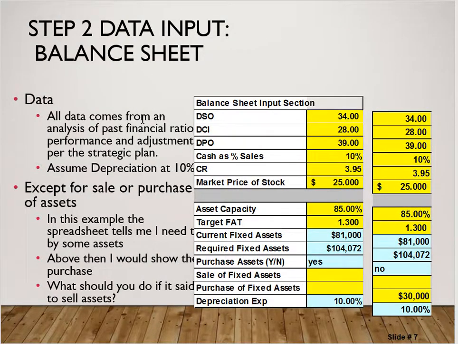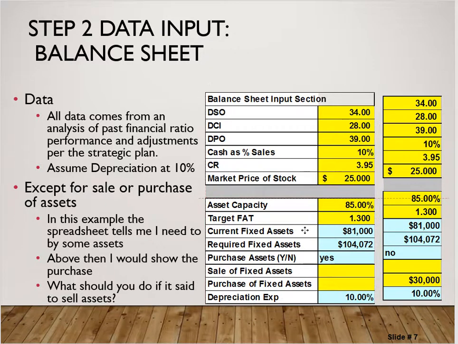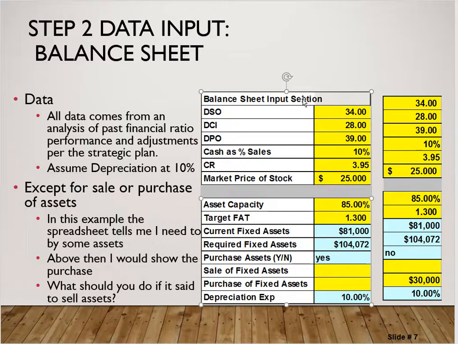So once we then go to the balance sheet input section, if you look at the first section here, you'll see we're going to assume depreciation's 10%. Let me clean this up a little bit. Is 10%, right? These other numbers, these all come from financial ratios, or we get them from the internet or whatever. At the bottom here, you notice it says, do you need to buy assets?